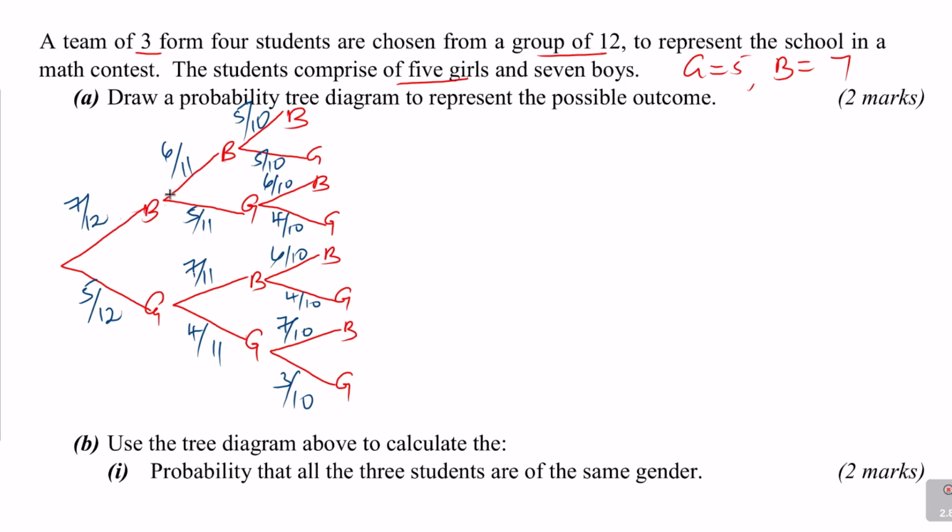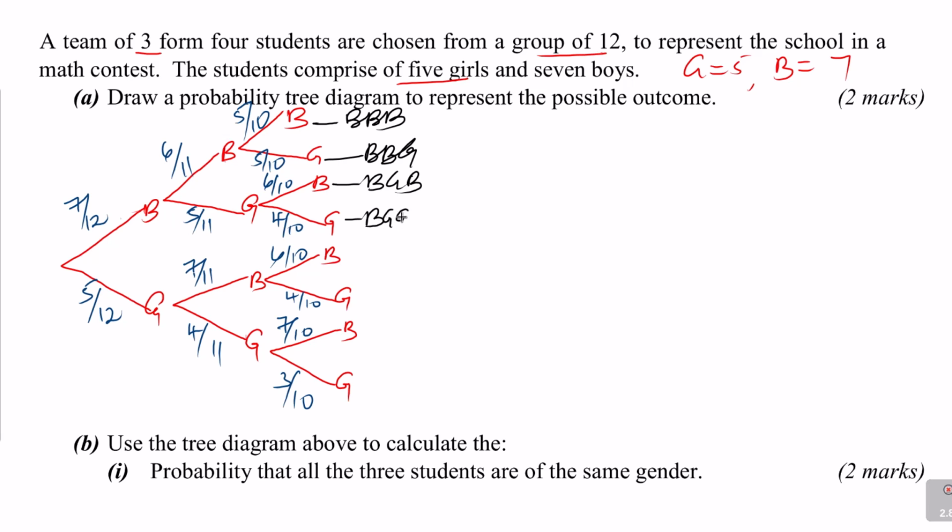So from this branch here, you have boy. So that you pick 3 boys. Then the other one will be boy, boy, girl. Then the other branch, boy, girl, boy. Then the other one is boy, girl, girl.